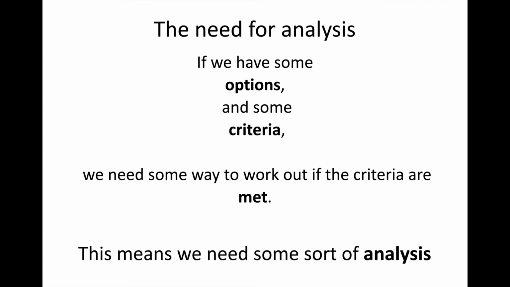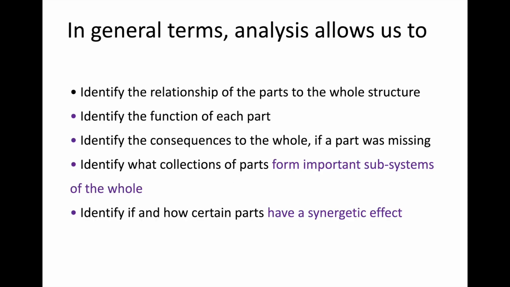Once we've got some options and we've got some criteria, then we need to work out if the criteria is met. To do that, we'll need to do some sort of analysis. In general terms, analysis allows us to identify the relationship of the parts to the whole structure. Or we could identify the function of each part. Or we could identify what would happen if that part wasn't there.